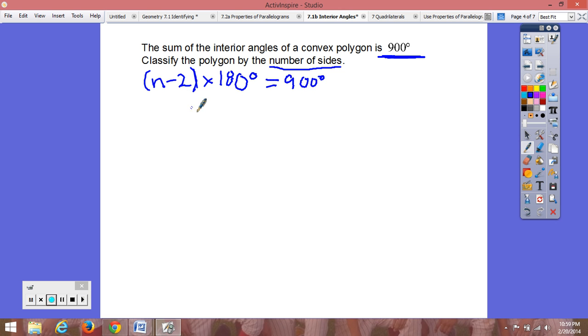So our first step is to divide by 180 on both sides.